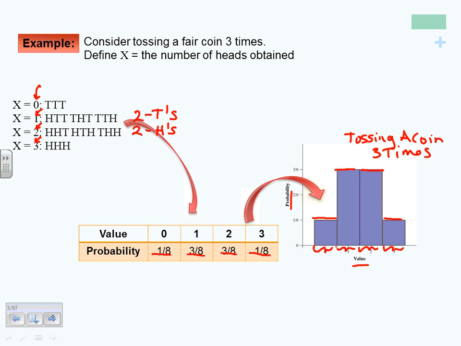Would this be categorical or quantitative data? In this case, we're kind of saying that this is the categorical data of just what we're getting. We could actually have these spaced out in a bar graph, but sometimes you just put them together. It's easier to see with the probabilities.